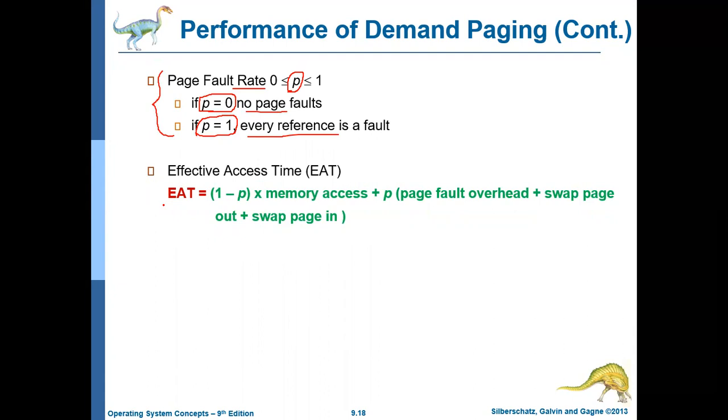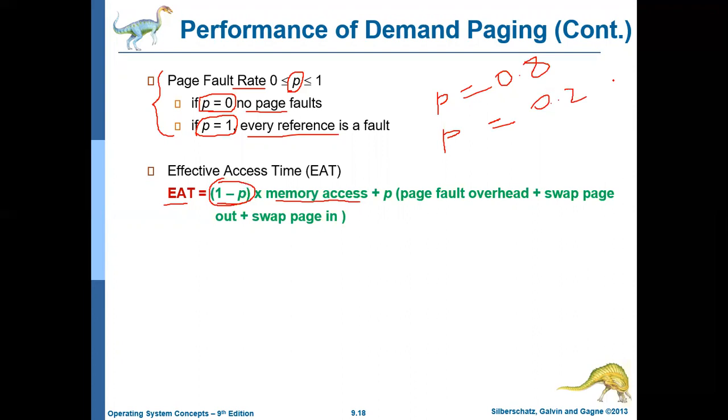Then effective access time can be calculated with this formula, which states 1 minus P into memory access time. P refers to page fault, and 1 minus P refers to no page fault. If P is equal to 0.8, it means that 80% of the time there is a page fault, and the remaining 20% of the time there is no page fault.